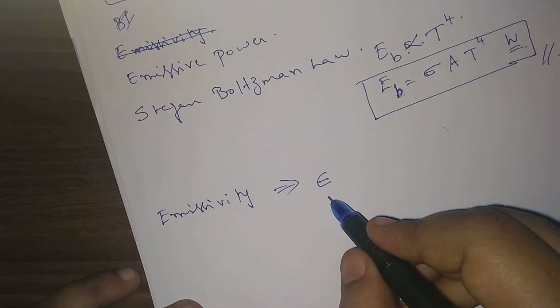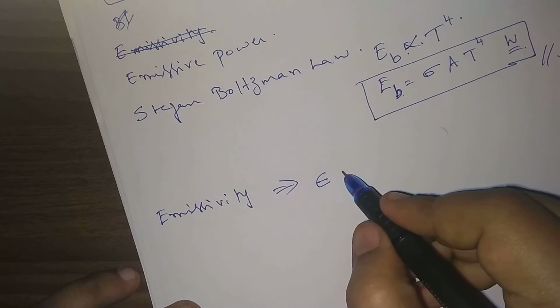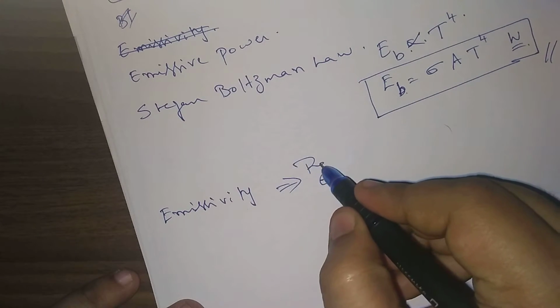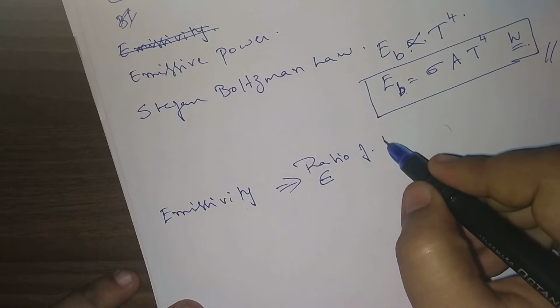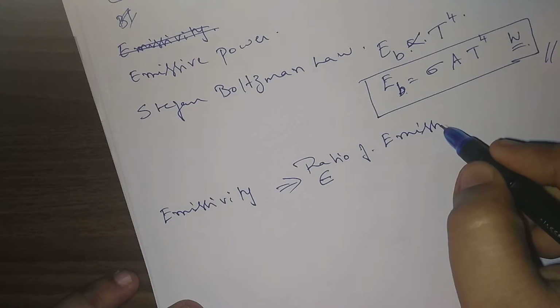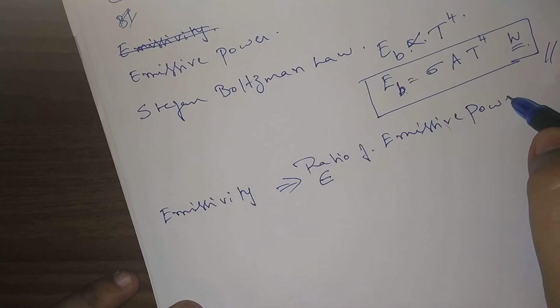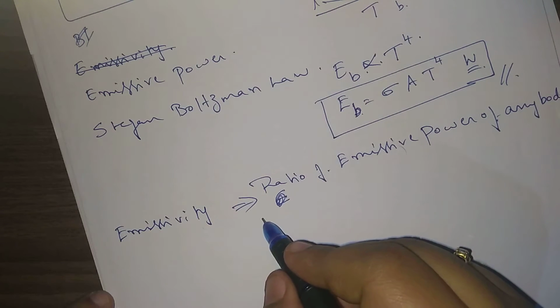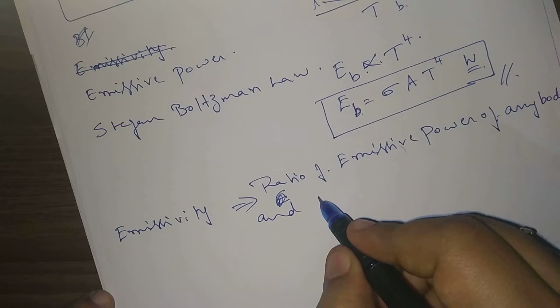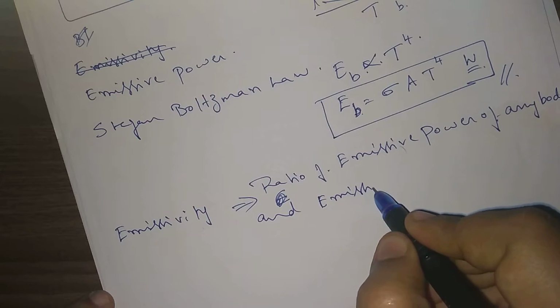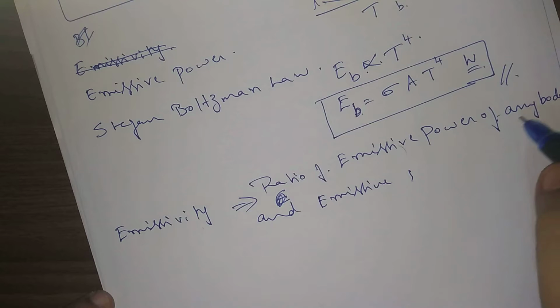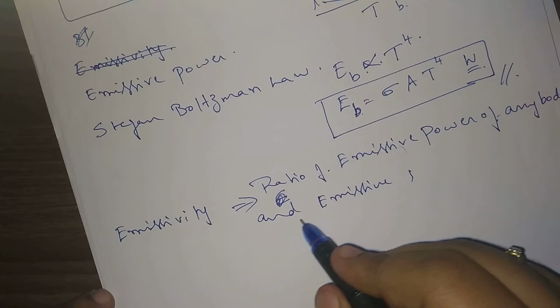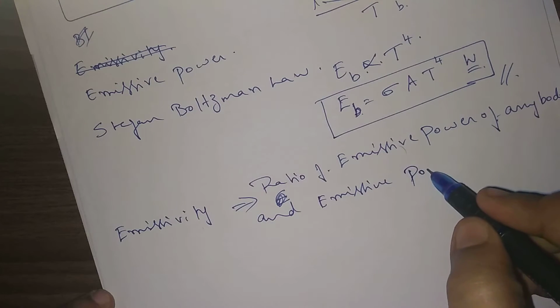Emissivity is a surface property which is defined as the ratio of the emissive power of any body with respect to the emissive power of a black body.